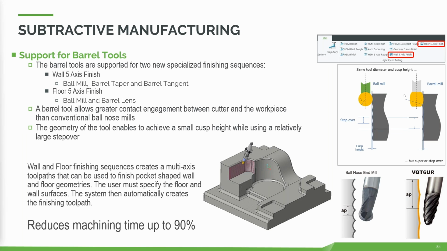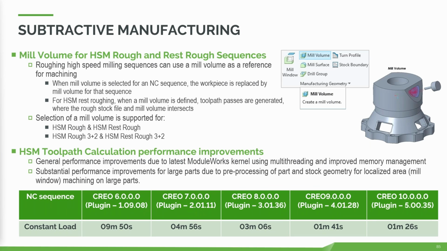The geometry is slightly different, so you get greater engagement between the cutter and the workpiece than a conventional ball nose mill. Okay, so basically they can allow some massive improvements in terms of machine time, as you can see, 90% depending on the geometry that you're dealing with. Okay, so there are some new options for them.